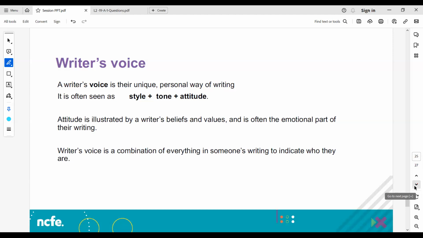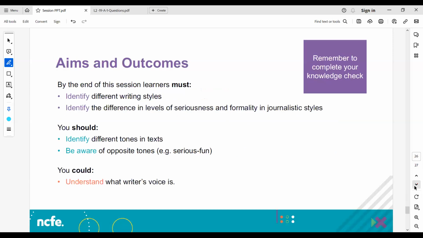Also, if you're looking at something like poetry, there might be a certain style and tone that is seen with the same author. Okay.